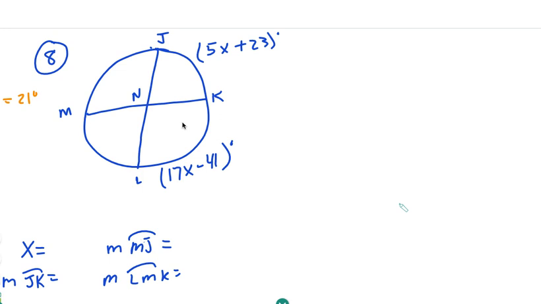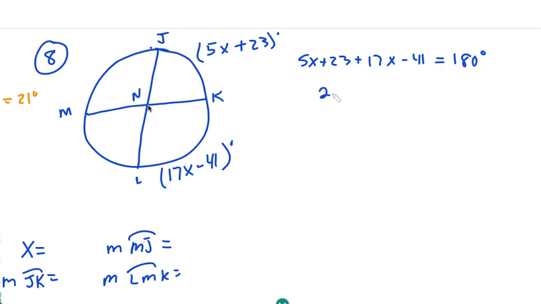Okay. In this one, we're looking at, again, arc JK and arc LK are part of the 180 degrees, or half of the circle, because this is your diameter. It goes through the center of N. So I'm going to be able to write 5x plus 23 plus 17x minus 41 is equal to 180 degrees.